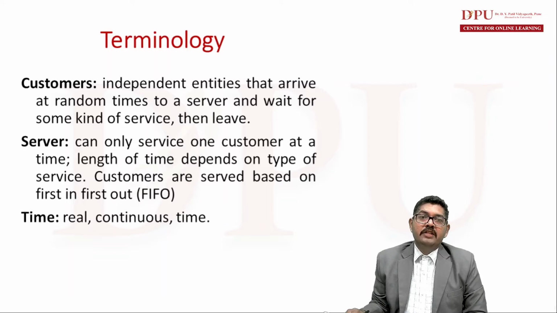When they get service, they exit from the system. The server can only serve one customer at a time. The length of the time depends upon the rule followed and the service rate. The customers are served on the basis of first in first out, FIFO, and time is real and continuous.